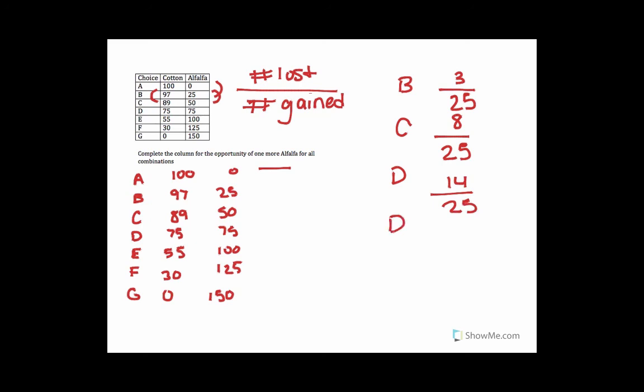And then from D to E, that would be 75 minus 55, which is 20 over 25. And then from E to F, that would be 55 minus 30, which is 25 over 25, also 1. And then finally, from F to G, it's 30 minus 0, which would be 30 over 25. And that's how you complete the column.